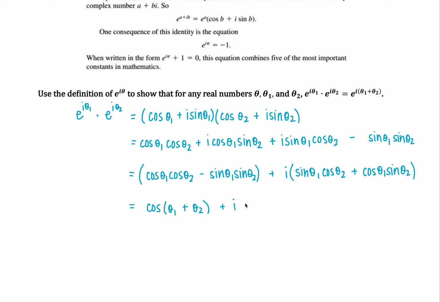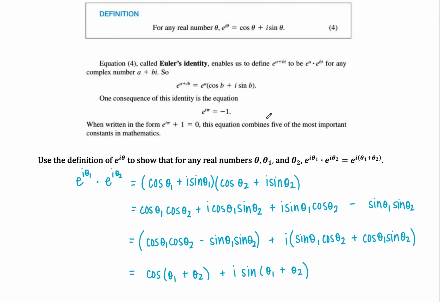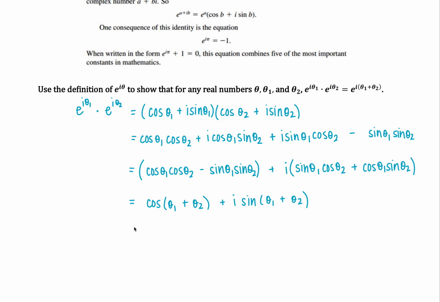This is equal to sine theta 1 plus theta 2. And so what we've done here is, if we go back up to Euler's identity, instead of just having a theta, we have theta 1 plus theta 2. So we can say that this is equal to e raised to the I times theta 1 plus theta 2 power.